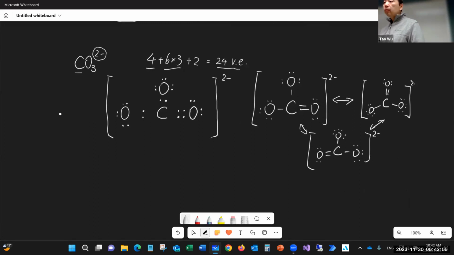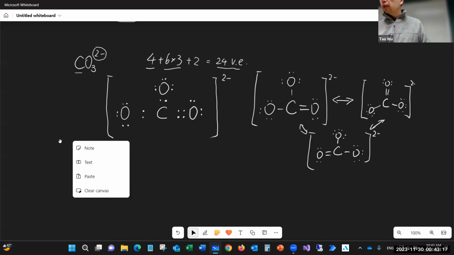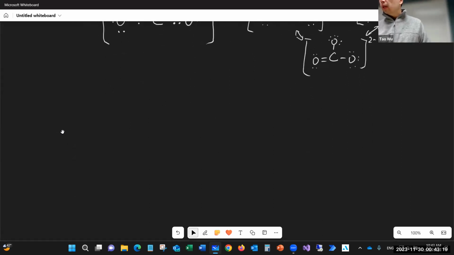A lot of polyatomic ions will have this kind of structure. You don't have to worry too much about this; we usually talk about it more in organic chemistry. All right, so this is the Lewis structure for the polyatomic ion. The last part, we're going to write the exceptions.